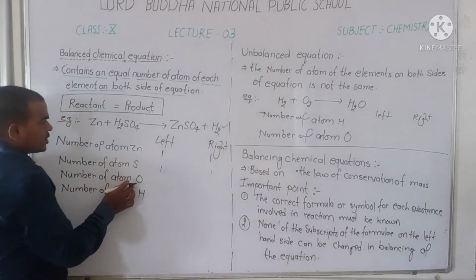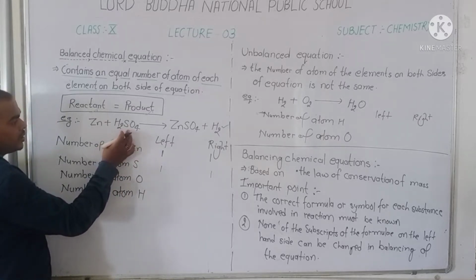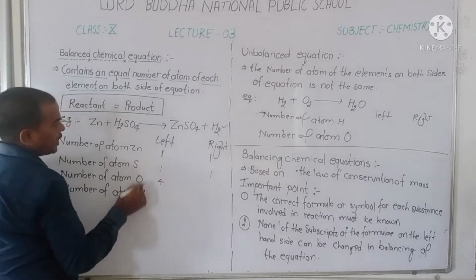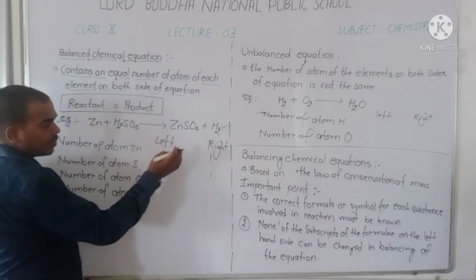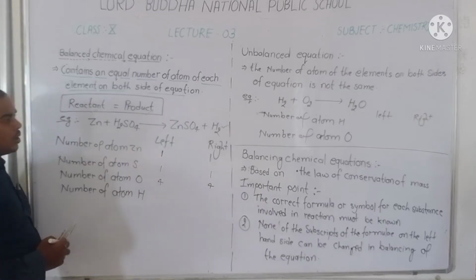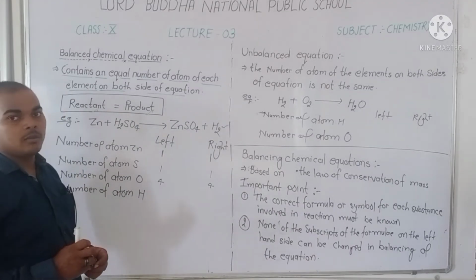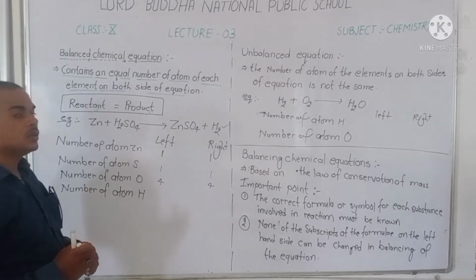The number of oxygen atoms on the left-hand side of the equation is 4 and on the right side is 4. That means oxygen atoms are equal on both sides.